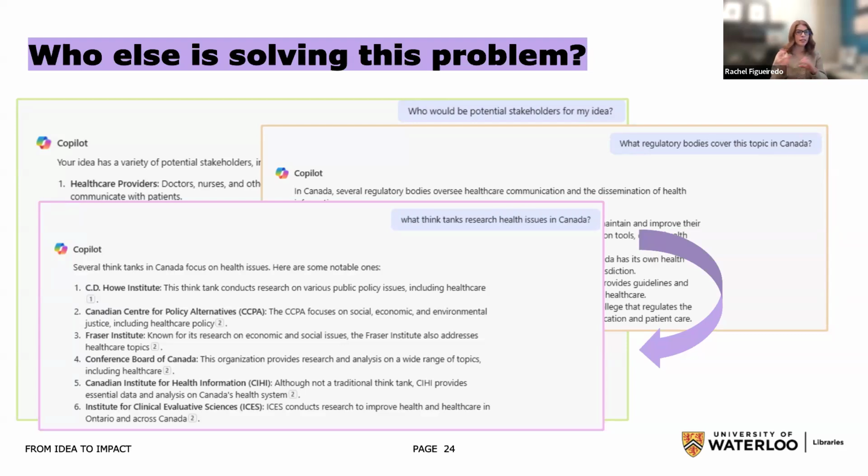But think tanks are independent research-based organizations that do often publish really fantastic white papers and content that's still really well researched, but it's different than looking at an academic journal article, and often talks a little bit more about the applications or what's happening in the real world. And so I think they're also a really good source of information that you might want to start thinking about searching around.